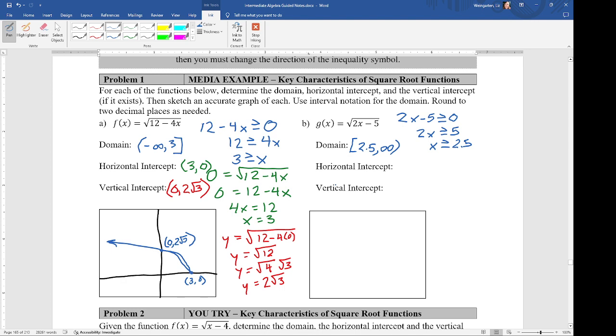Now that we know that the domain and horizontal intercept are connected, we know that the horizontal intercept is going to be at 2.5, 0. The vertical intercept, however, we will have to calculate ourselves. So I'll go ahead and do that in red again. So we're figuring out what y is when x is equal to 0.